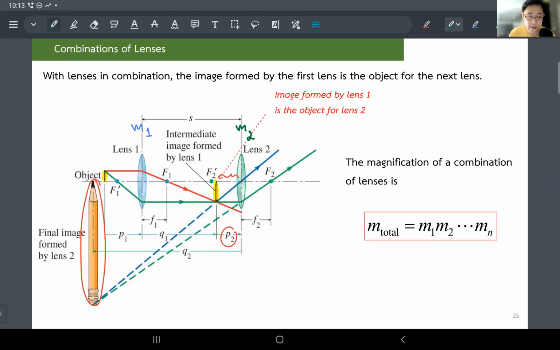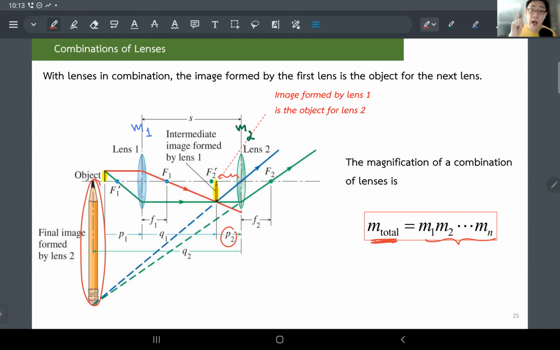That's a straightforward extension, because it's just magnification over magnification. So your net magnification will be just the product among those M's. The total magnification you get is just the product of all those M's in your system, and you are done.